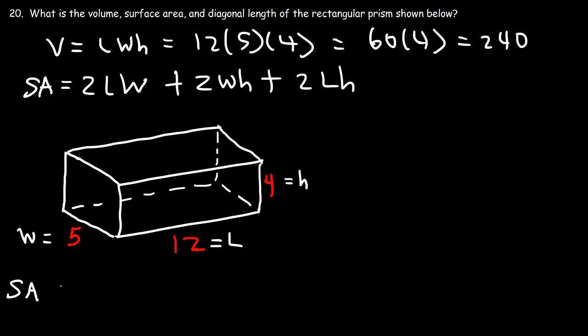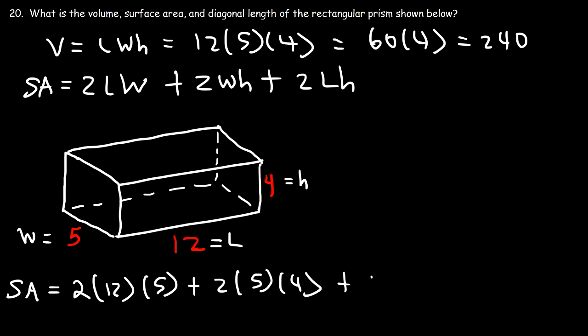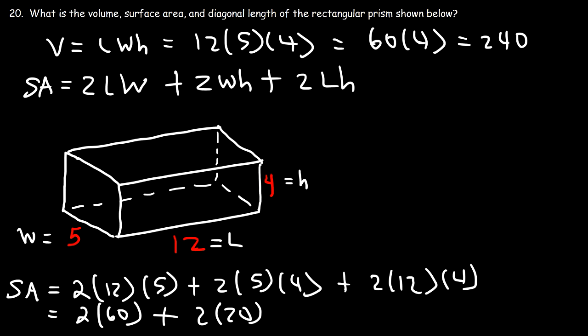So let's go ahead and plug in the numbers. So L is 12, W is 5. And then WH, that's going to be 5 times 4, and then 2LH, 12 times 4. Now we said that 12 times 5 is 60, and 5 times 4 is 20, and 2 times 12 is 24.